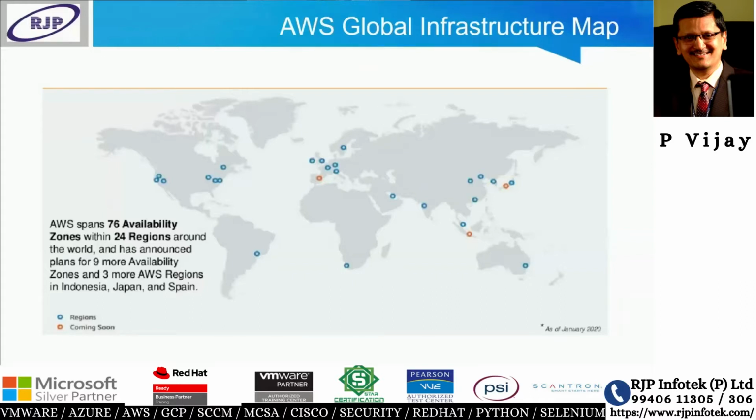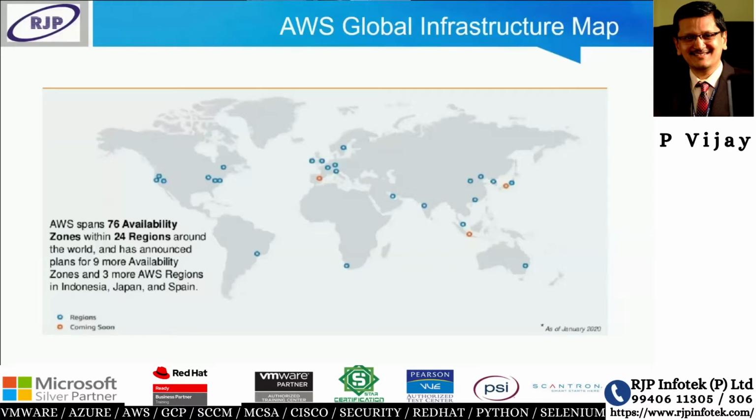So across 24 locations of the world, it has got more than 76 data centers. You can see the slide, it reads 76 availability zones, which means each location will also have one or two backup data centers. So an availability zone literally means more than one data center per location.